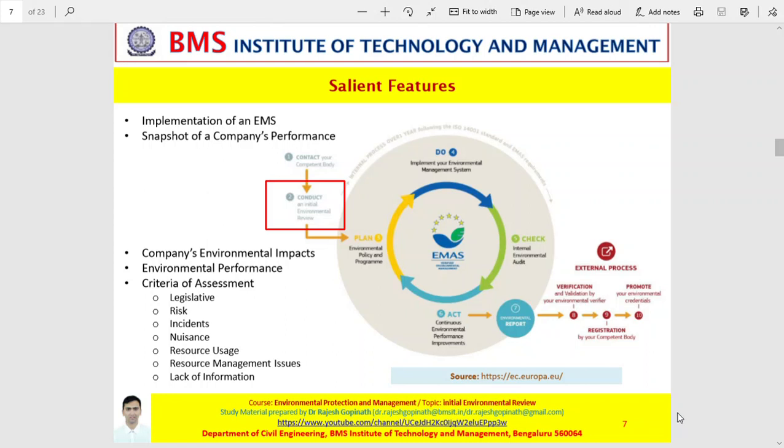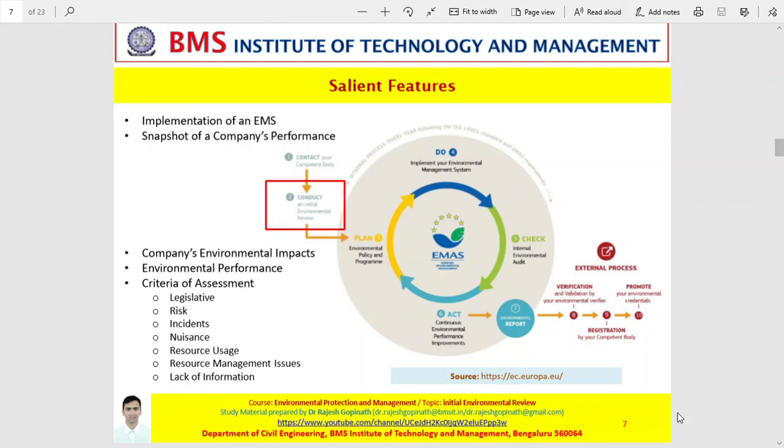Once we contact any competent body who can assist us in this aspect, the very first step that needs to be carried out is the initial environmental review. So basically, what is initial environmental review? In simple words, it is an assessment of impacts and environmental aspects which is associated with the particular organization's activity.